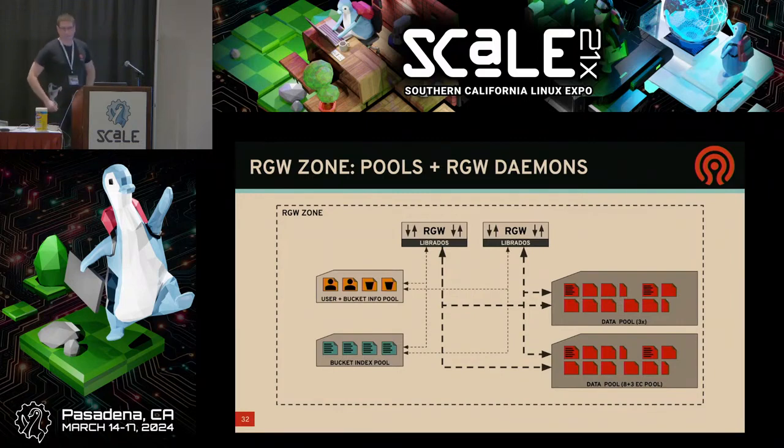RGW also has some very sophisticated functionality for replicating across different Ceph clusters. Ceph at its core is designed for a data center. You can run it stretched across dark fiber, but it expects LAN sorts of latencies.